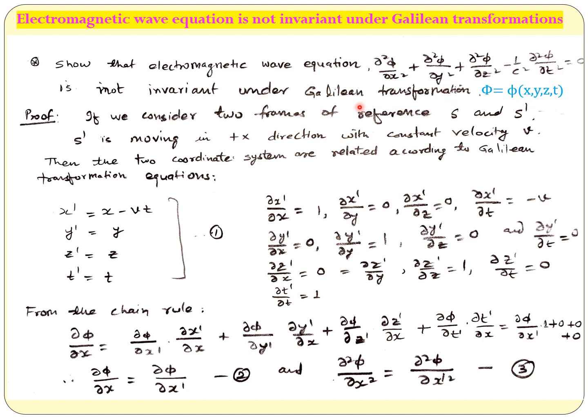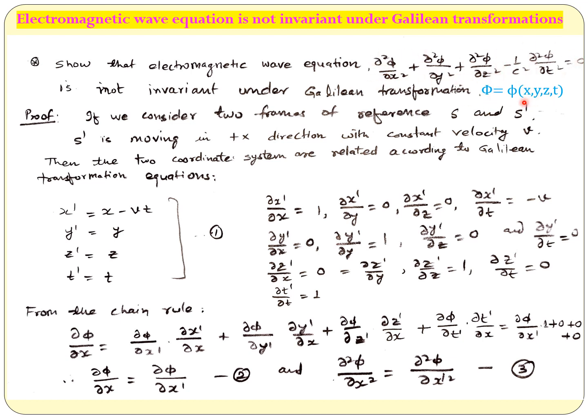So we have to prove that this is not invariant, meaning if we replace it with the primed coordinates, delta 2 phi by delta x prime square plus y prime square plus z prime, all in primed coordinates, this should not be in the same form as it is here.